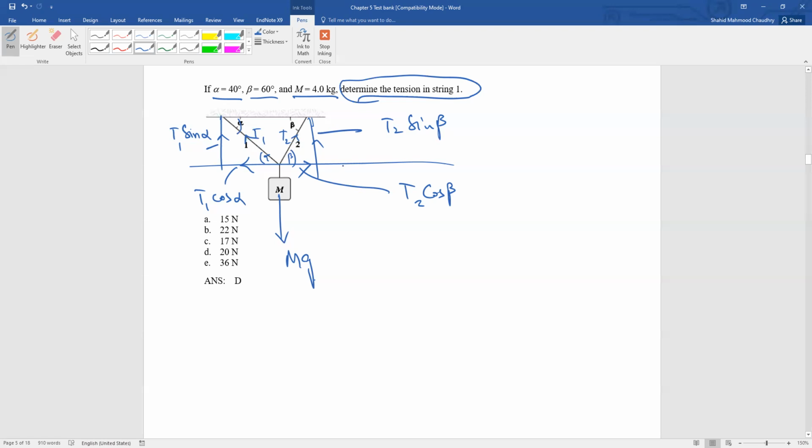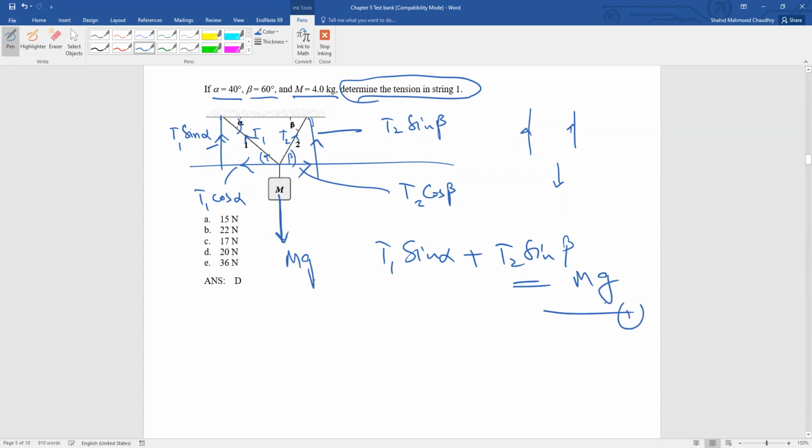So to find T1, we should now write the equations. So what will the equations be? This is vertical, and this is also vertical, upward. So two are upward and one is downward. So I'm writing the equation: T1 sine of alpha plus T2 sine of beta is equal to mg.